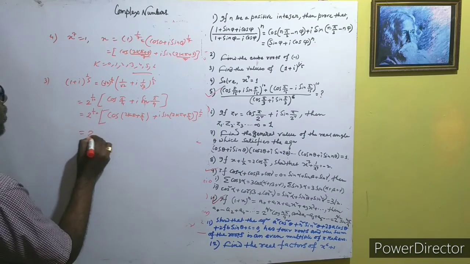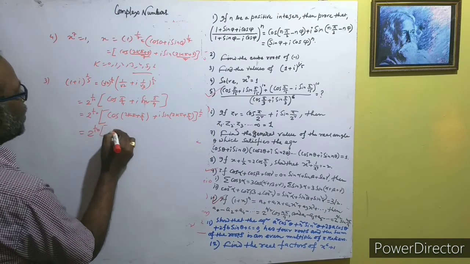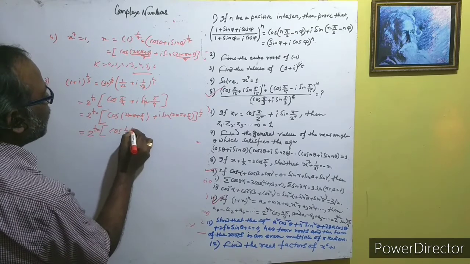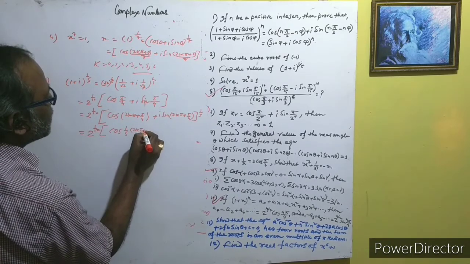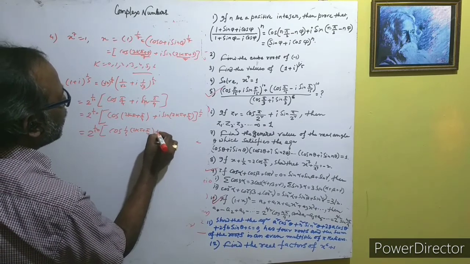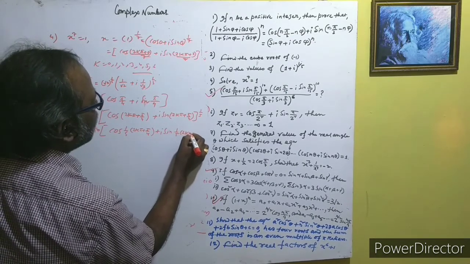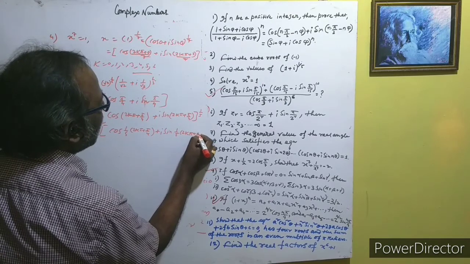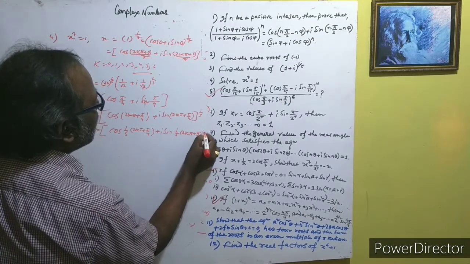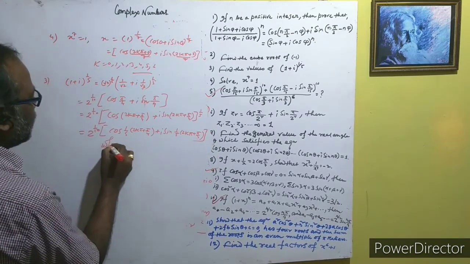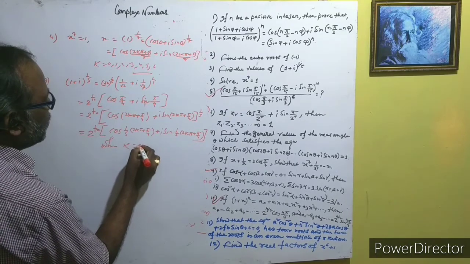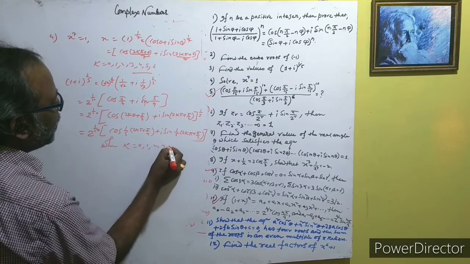So you can write 2 to the power 1/10 into cos of 1/5 times (2k pi plus pi/4), plus i sin of 1/5 times (2k pi plus pi/4), where k equals 0, 1, 2, 3 and 4.